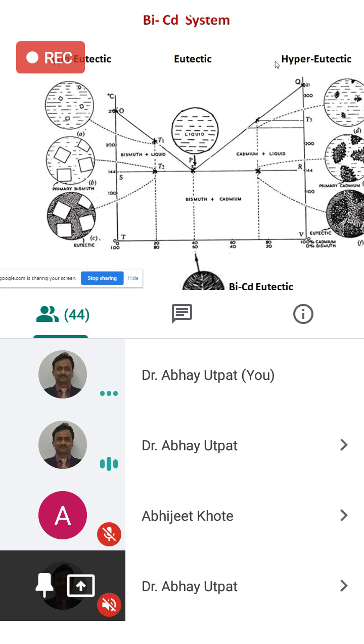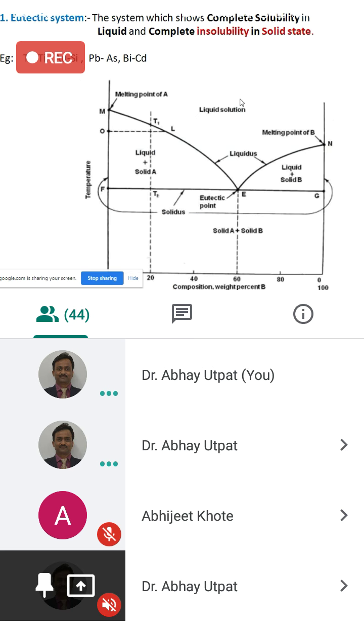Listen now, the wording: explain the phase diagram which shows complete solubility in liquid state and complete insolubility in solid state. See this definition. At the upper side I have written the system which shows complete solubility in liquid state and complete insolubility in solid state.